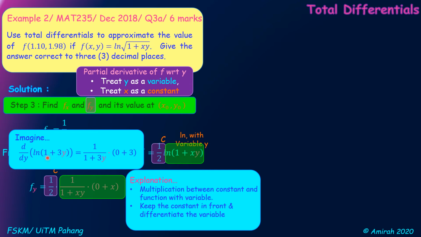We differentiate 1 equals 0. And then plus, we differentiate 3y with respect to y. So we get 3 here. So that's why when we differentiate 1 plus xy, we get 1 over 1 plus xy, okay, from here. And then times 0 plus 3 here means x. Alright.